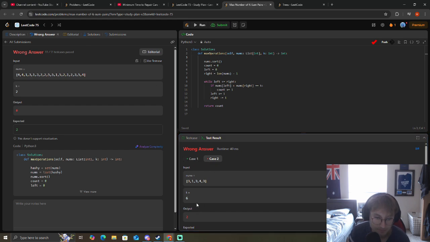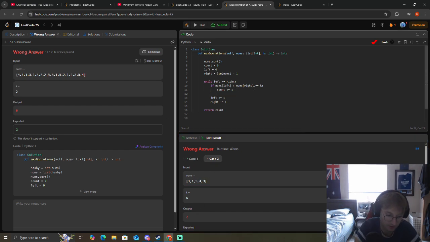Okay. So maybe we actually have to delete the values, like nums remove left, nums remove right.